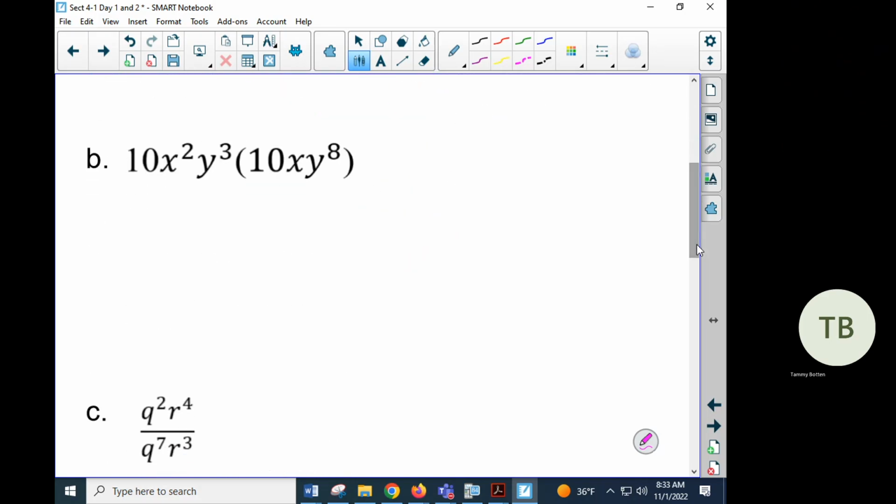Now, if I look at this one, notice I have, basically this is 10 times 10. And 10 times 10 is 100. Now again, with these variables, there's no power here. So what I can do is just think of this as x squared times x to the first. What would that be? When you have 2 bases, do we add or multiply these?